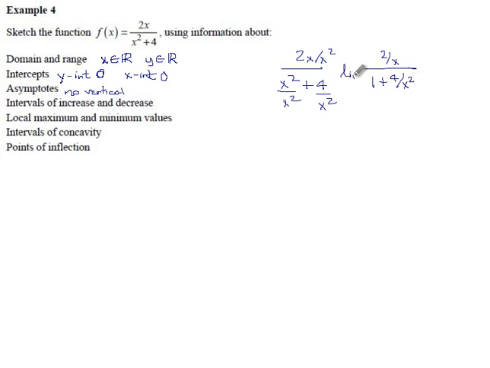Then we do the limit as x goes to infinity. When we do that, the 2 over x vanishes, the 1 hangs around, and 4 over x squared also vanishes. So we get 0 over 1 plus 0, which is simply 0. We do have a horizontal asymptote at y equals 0.